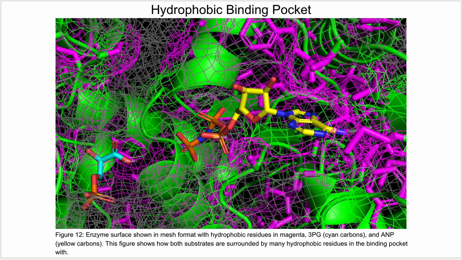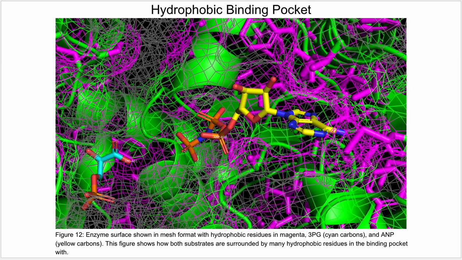Here, figure 12 shows the enzyme surface shown in mesh format. And this highlights the hydrophobicity of the binding pocket. So once again, the hydrophobic residues are colored in magenta. So the PGK enzyme conforms to a closed conformation that intends to maximize shielding from water particles during the reaction, so that the newly formed ATP molecule will not be hydrolyzed.